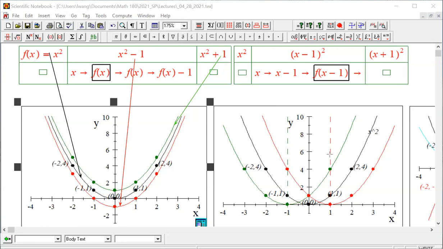All right, so let's look at the second curve. Just to review, x squared is the black, right? And the red is x minus 1 squared. And the green is x plus 1 squared.